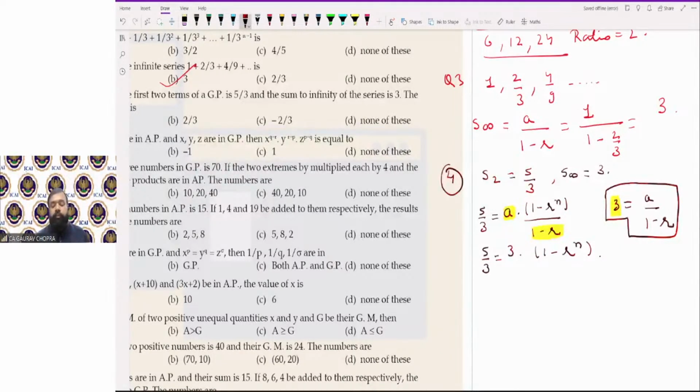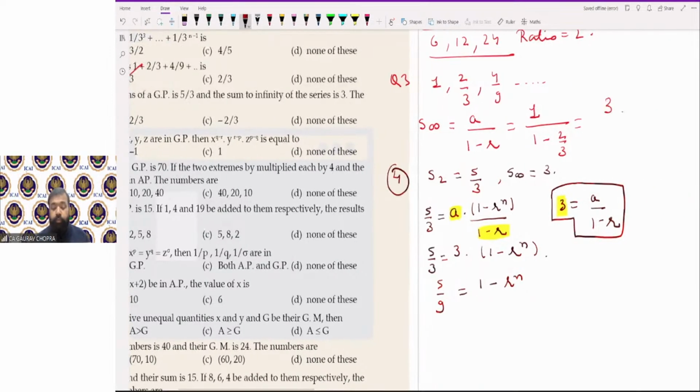Now you can simplify and get the result. So 5 upon 9 is equal to 1 minus r to the power of n. So r to the power of n is equal to 1 minus 5 by 9. That means 4 by 9.